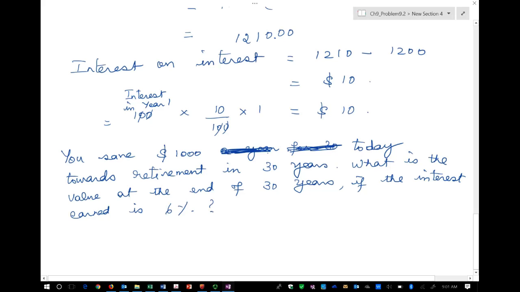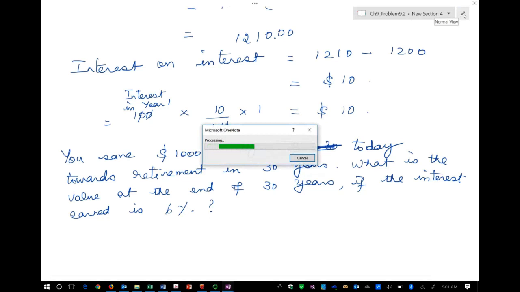Can you calculate on your own? Apply the formula on your own. If you have an Excel spreadsheet, let us look at the Excel spreadsheet now.